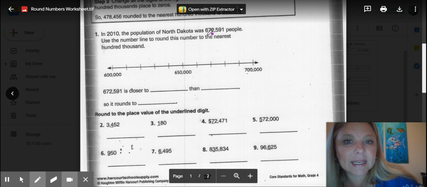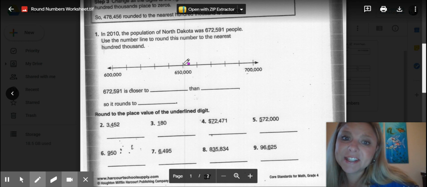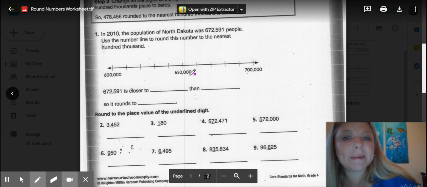Well, I know that 672,000 is larger than 650,000. So I know for a fact that this number is not going to go anywhere here on the number line. It needs to go somewhere here because 672,591 is somewhere between 650,000 and 700,000.